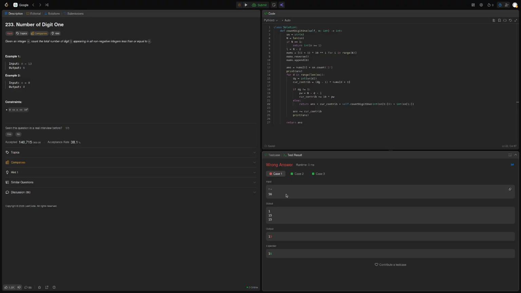So we are at the 0th digit. If d is equal to length, that's like n minus 1.